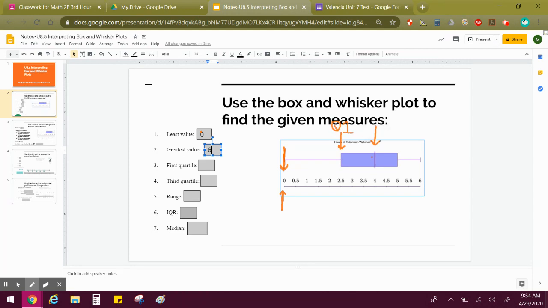The line in the middle is the median, and that's Q2. The farthest outside right side of the box is Q3.